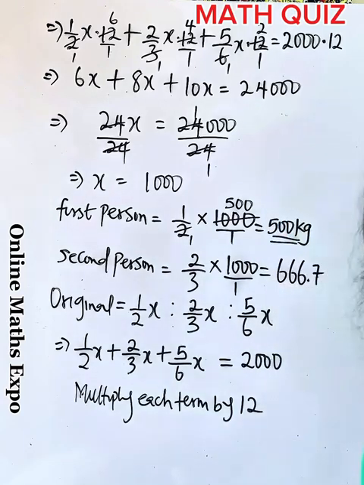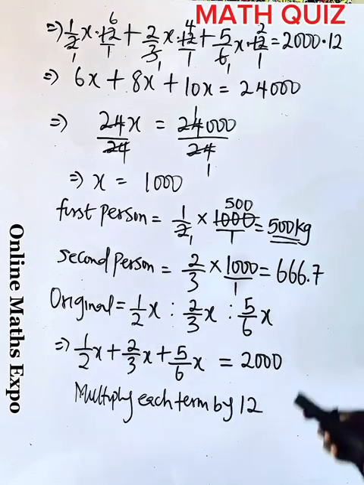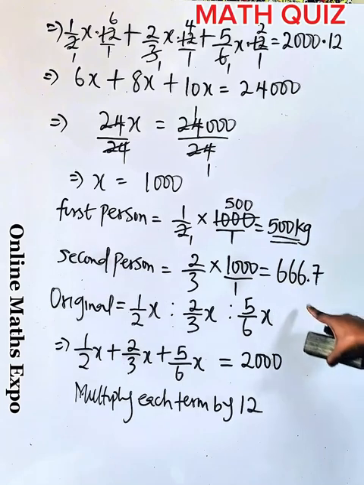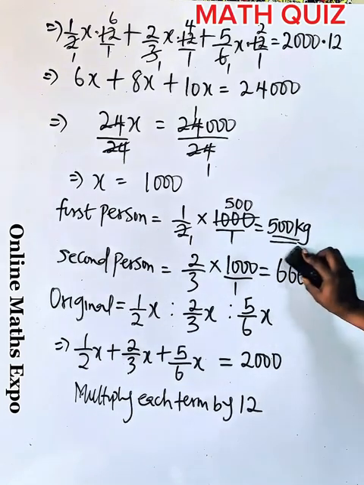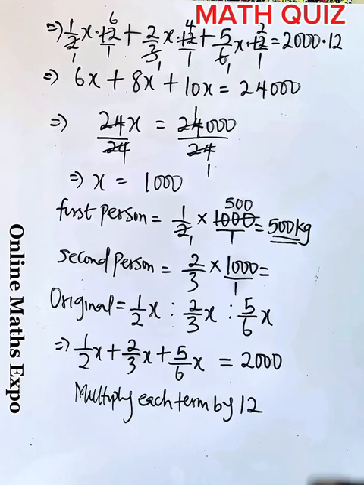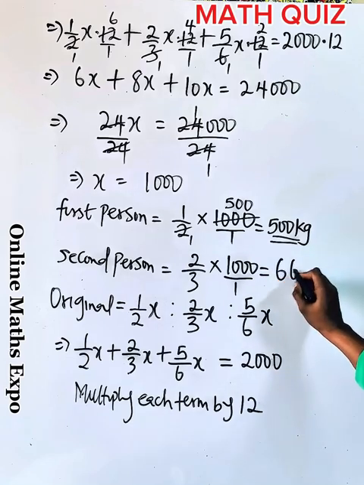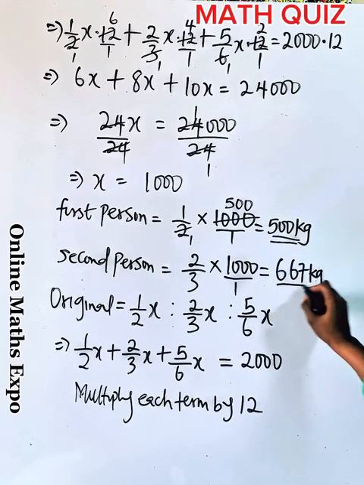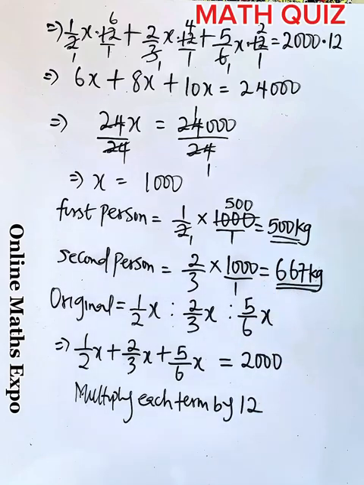Remember, we are asked to take it to the nearest kilogram. So we're going to have 667 kilograms for the second person.